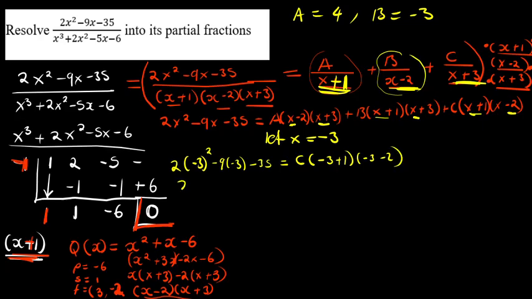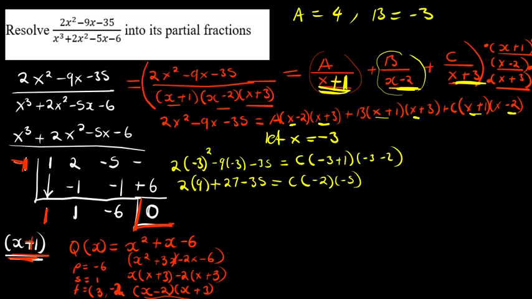So here it will be 2, then here it is a positive 9. Then 9 times negative 3, it will be positive 27 minus 35 equal to C, negative 2, then negative 5.